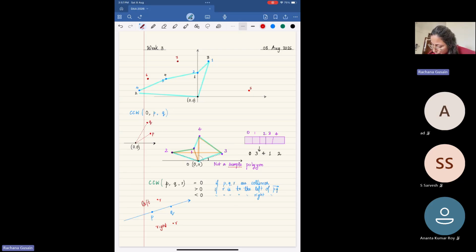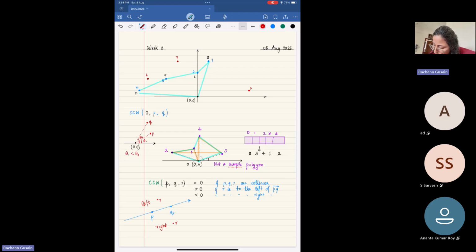Of course, the angle subtended by point P is θ1, and the angle subtended by point Q, let's say that is θ2. I can see that θ1 is less than θ2.